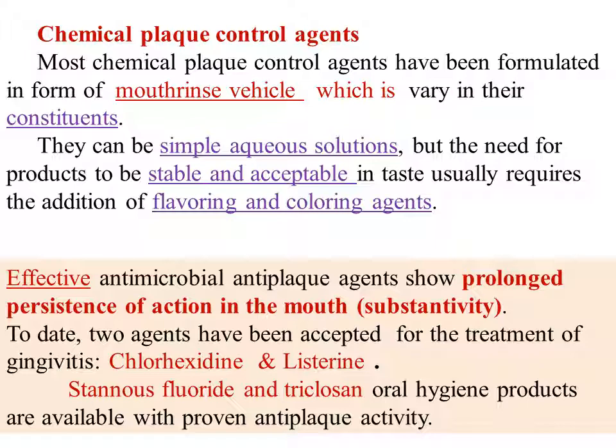Effective antimicrobial plaque agents show prolonged persistence of action in the mouth. Substantivity. To date, 2 agents have been accepted for the treatment of gingivitis: chlorhexidine and Listerine, stannous fluoride and triclosan. Oral hygiene products are available with proven anti-plaque activity.